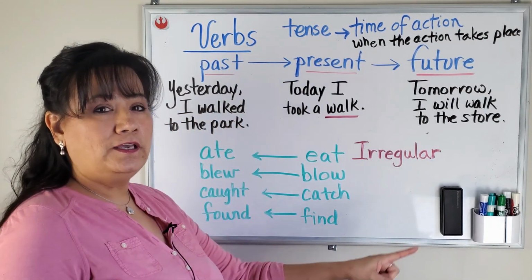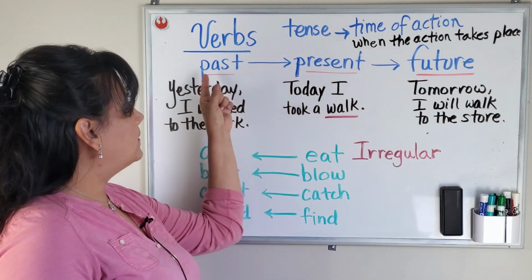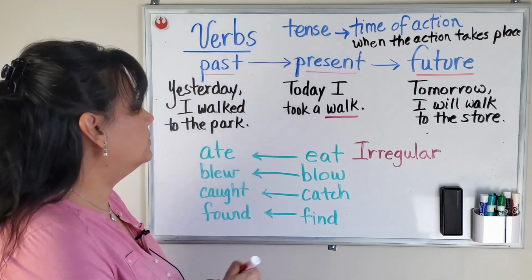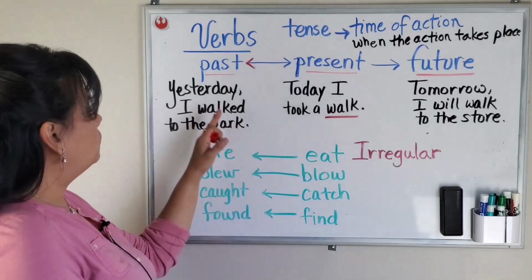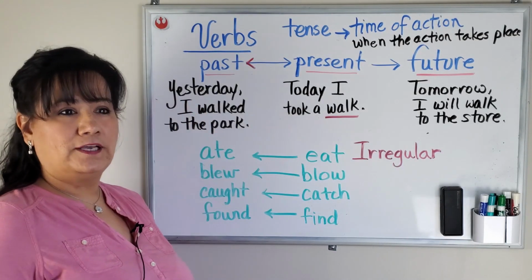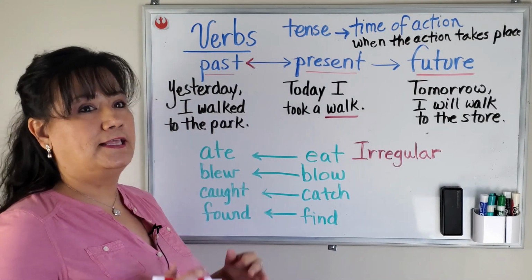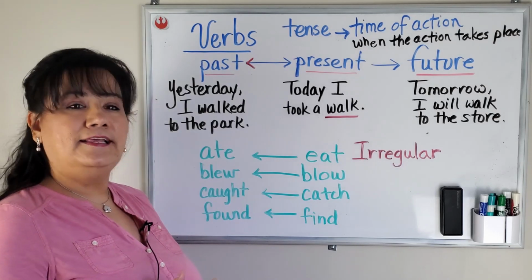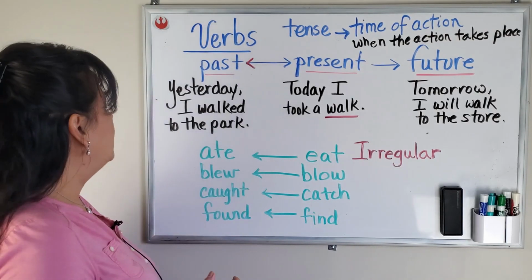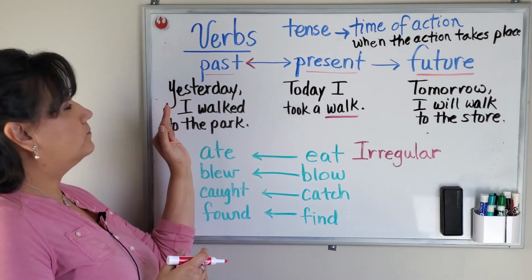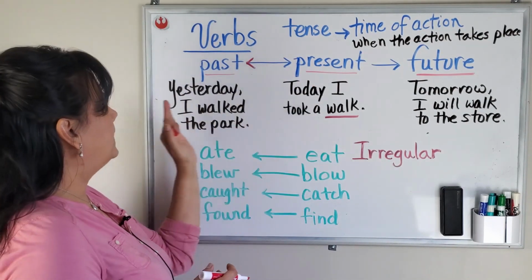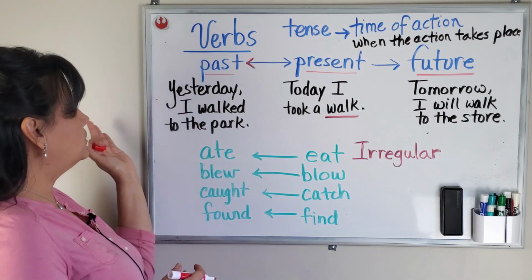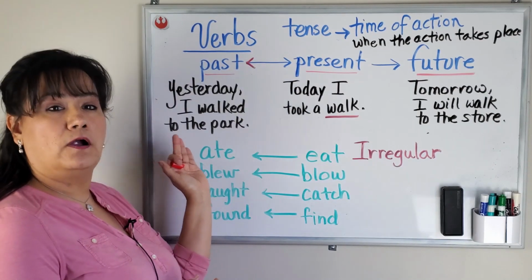Now, if we were to look at the past tense of the verb, and let's go back this way. And of course, we can say yesterday, we can say last week, we can say last month, anything that is in the past, we say it in a different way than when we say a present tense. And the sentence I have is, yesterday I walked to the park.